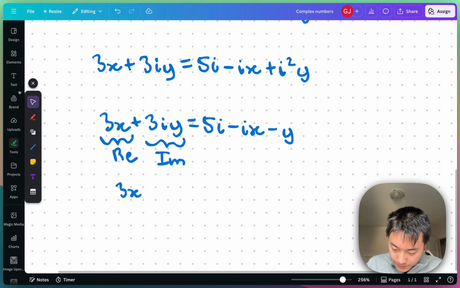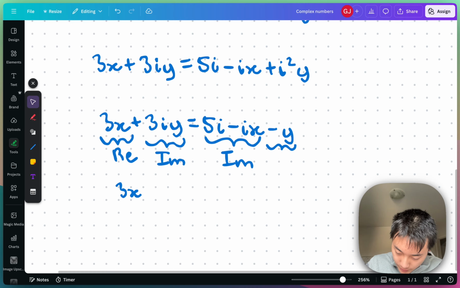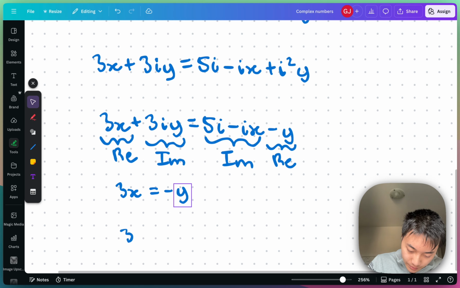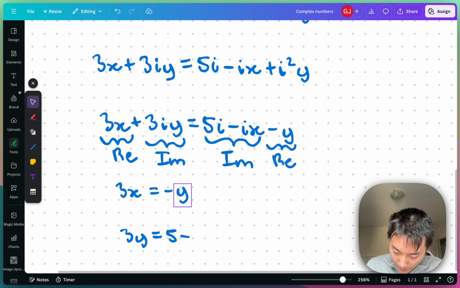Imaginary, real. So I'm gonna first deal with the real part. So 3x equals -y, and 3y, this is the imaginary part now, equals 5 minus x.